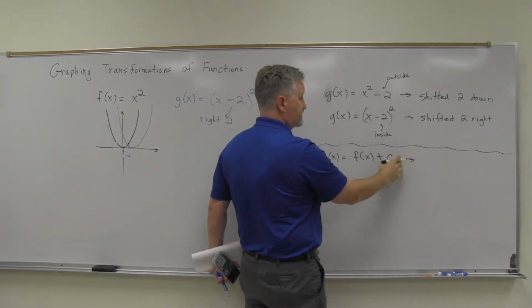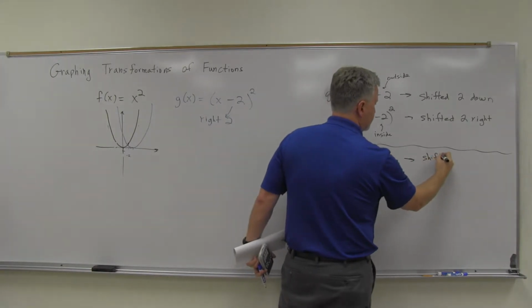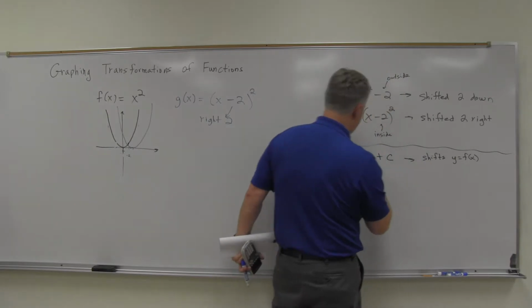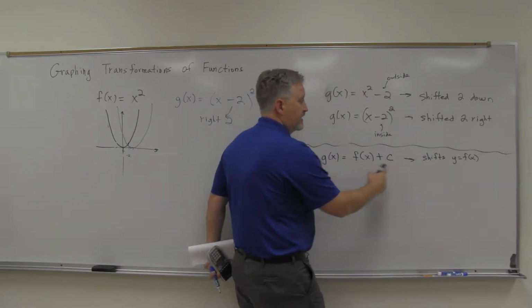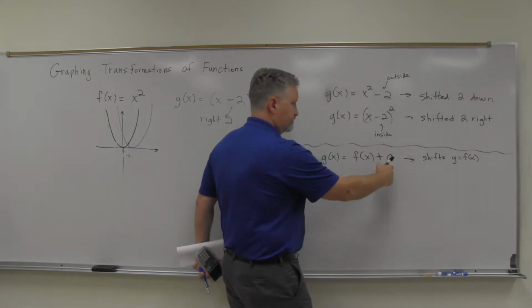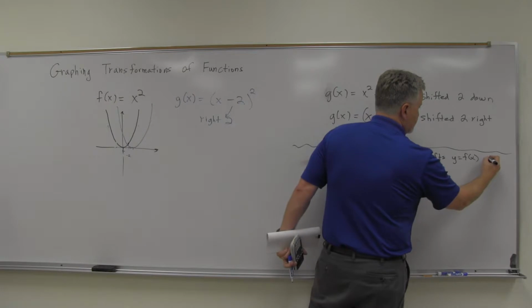Since it's on the outside, that's going to shift the graph. Our f of x is our original common function. So if we do g of x equals f of x plus c on the outside, that's going to shift the graph c units up.